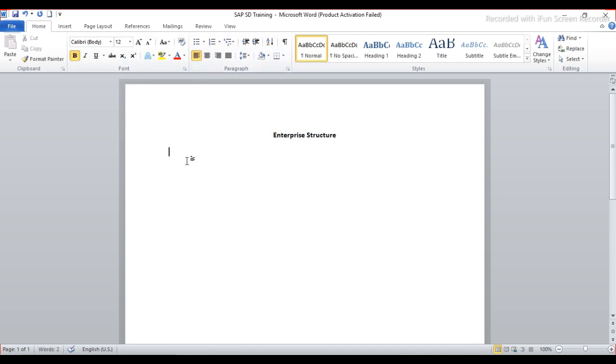Enterprise means the structure of any organization or any company. In every company there are some structures that are used in order to set up the SAP system. So enterprise structure is nothing but the structure of a business or any organization.